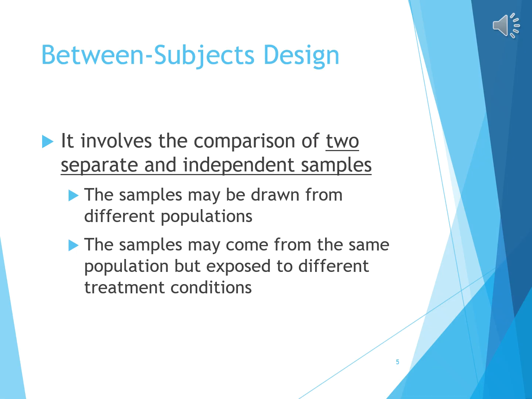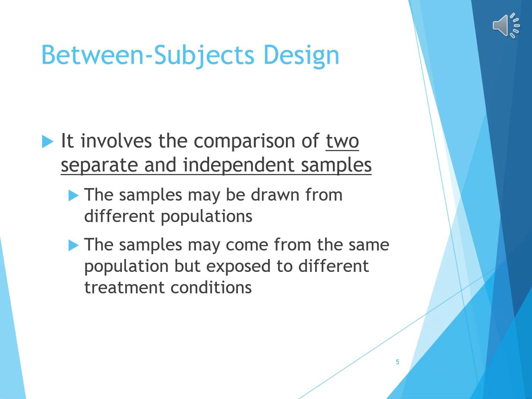So when you have two separate and independent samples, meaning the scores from one sample have nothing to do with and cannot affect the scores from the other sample, this is called a between subjects design. We saw within subjects design in the chapter on dependent or paired subjects t-test. Now we've got between subjects designs with independent samples.